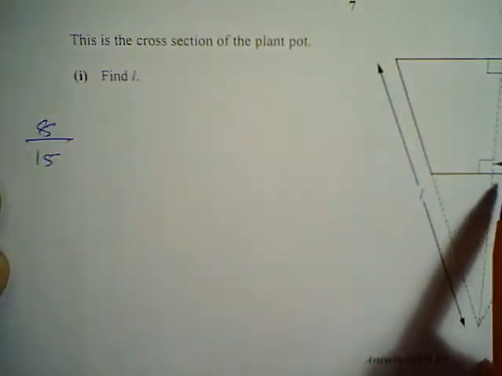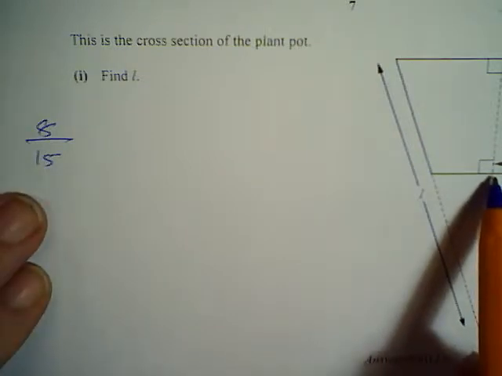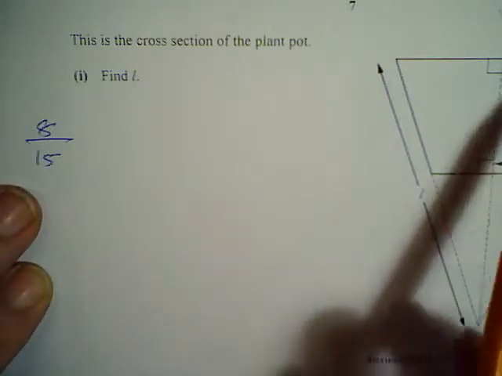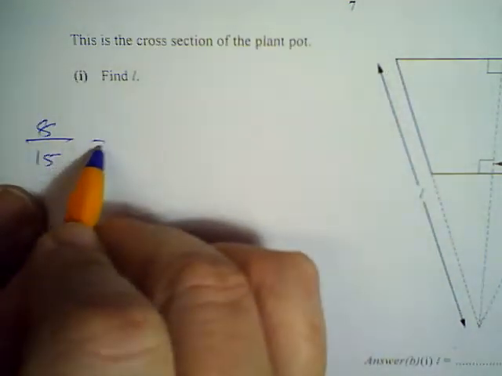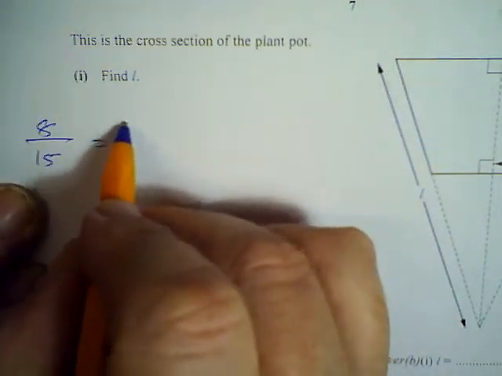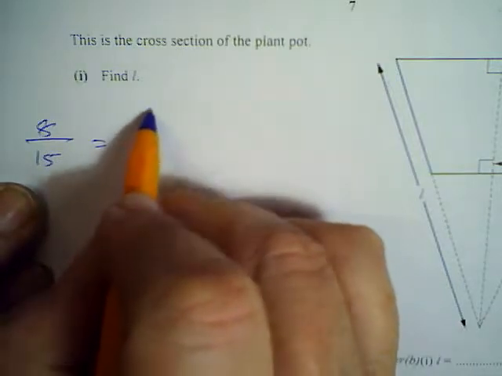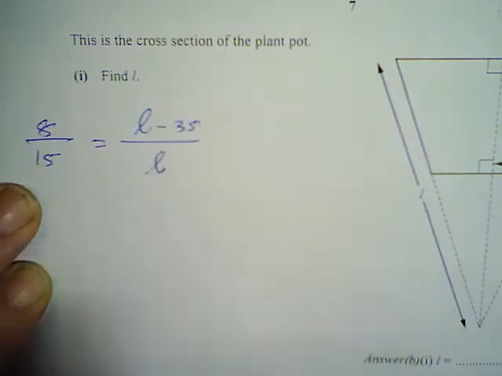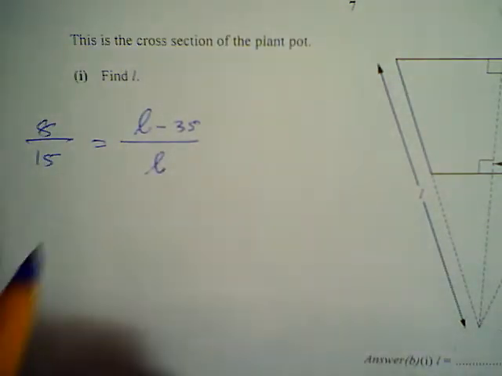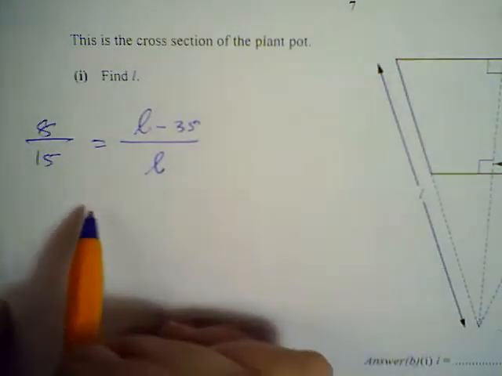So the radius of my removed cone over the radius of the remaining cone equals the slanted height that I've removed over my slanted height. Okay, so we're both in terms of L, and that we can do.